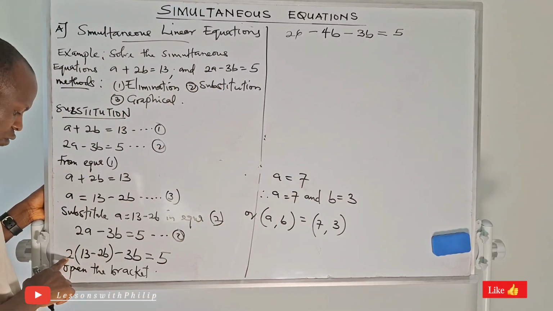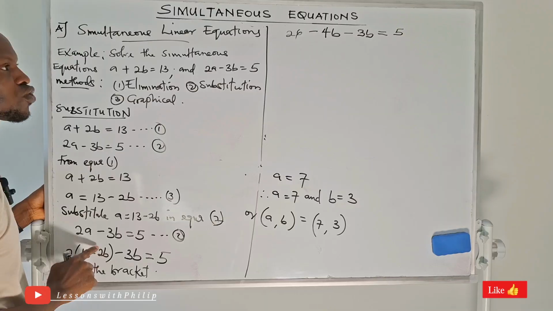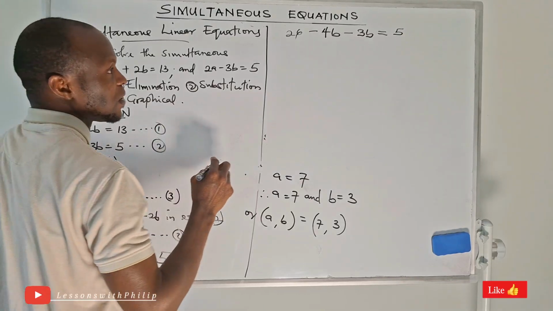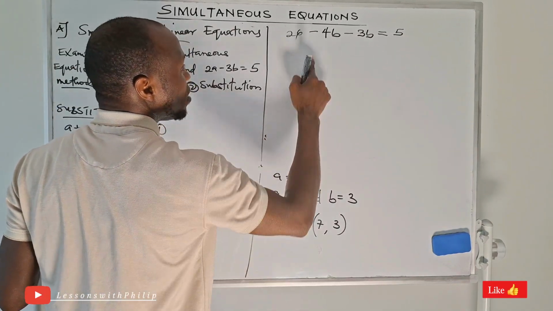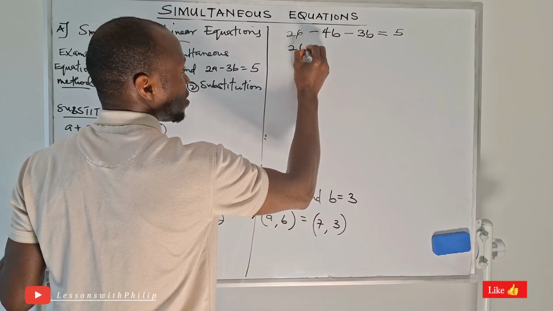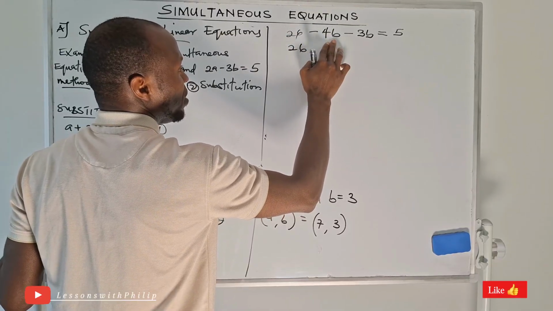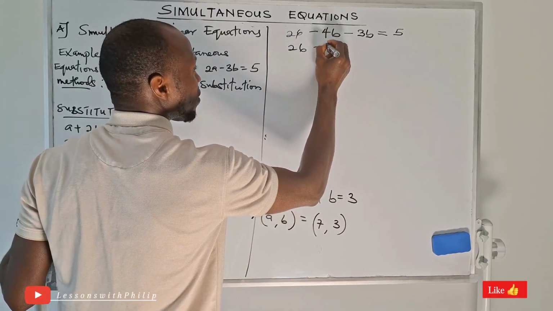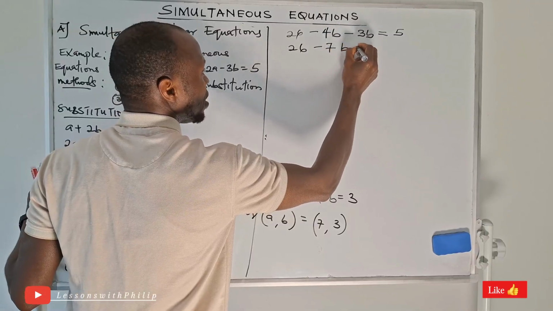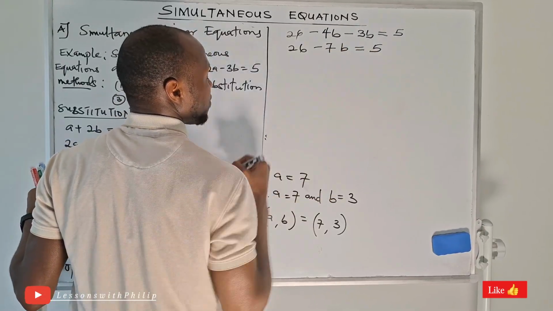I only opened the bracket: 2 times 13, 2 times minus 2b. That's the only thing I've done. So, next thing you do is 26 minus 4b minus 3b will give us minus 7b equals 5.